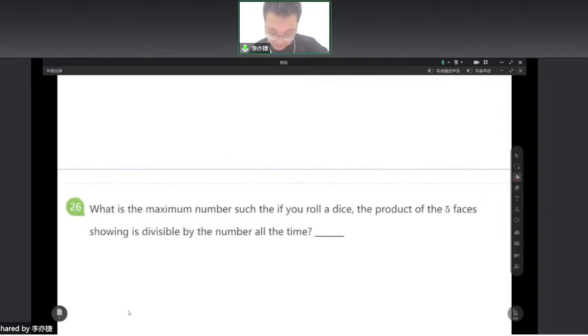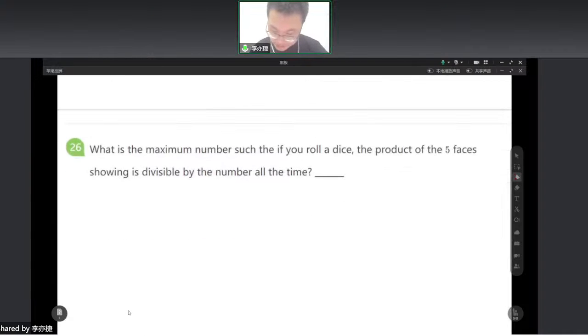What is the maximum number such that if you roll a dice, the product of the 5 faces showing is divisible by the number all the time? No matter how you roll the dice, it's always the product of the 5 faces because of the 1 face down.